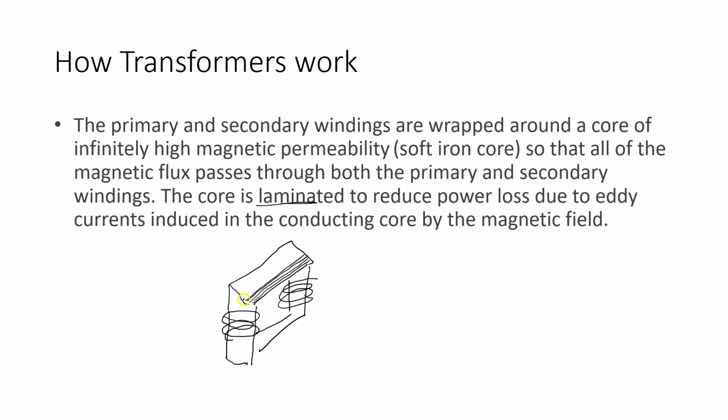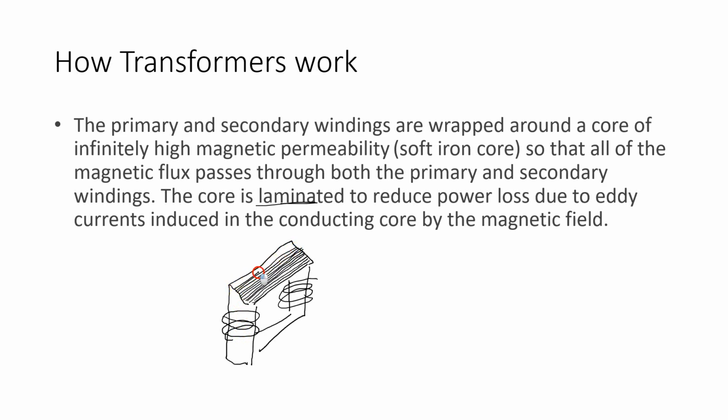That would essentially reduce what we call eddy current, because one of the things you have to understand is that the soft iron core is a metal, right? And as you can imagine, wires are wrapped around a metal. So of course, it means that this soft iron could essentially become a conductor, or it could conduct.